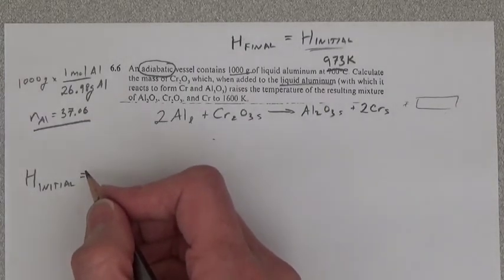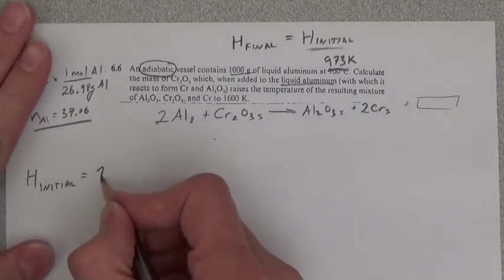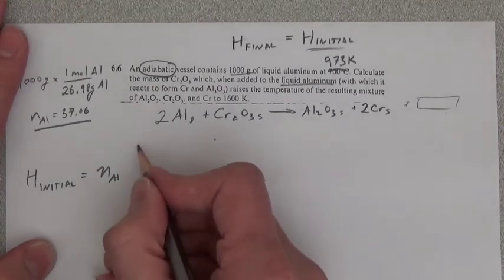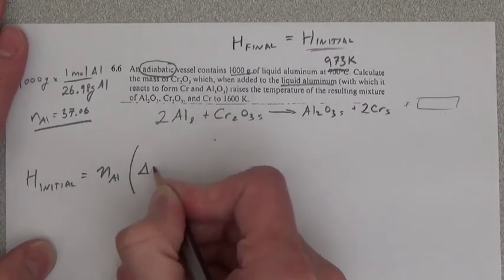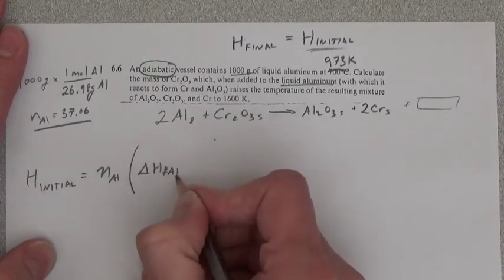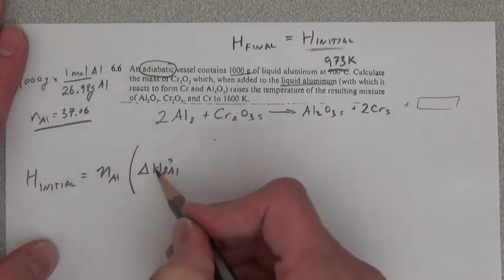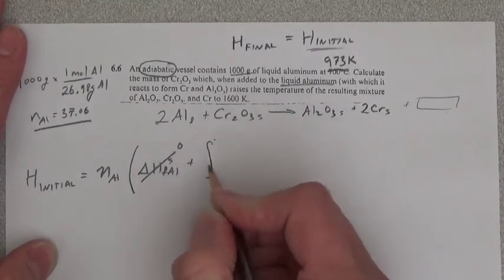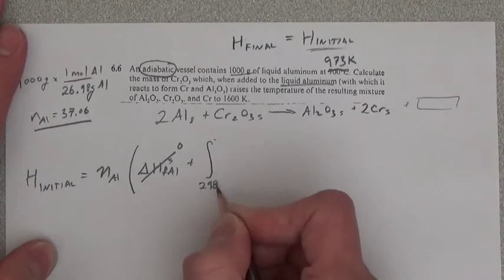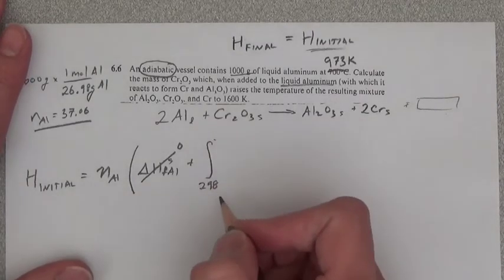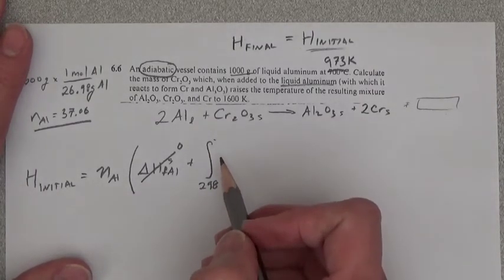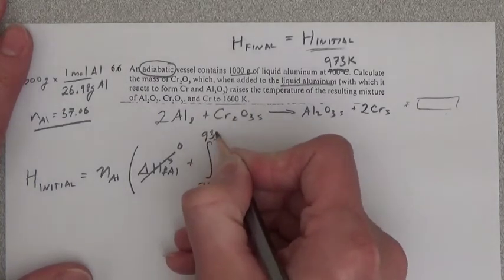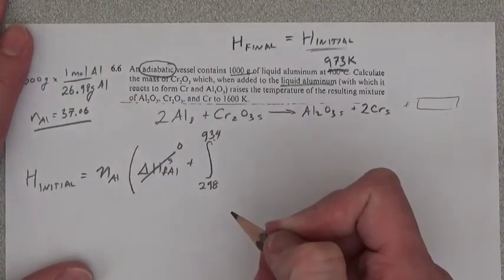starting out with the molten aluminum, n moles of aluminum, and delta H formation of aluminum solid, which is 0, plus the integral 298 up to the melting point. And aluminum melts at 934 K, and you can see that from the table in the back of your book.